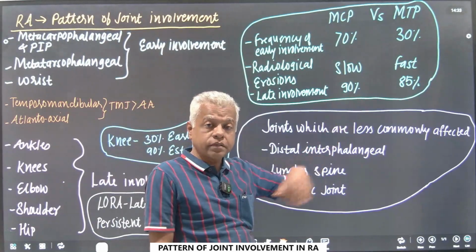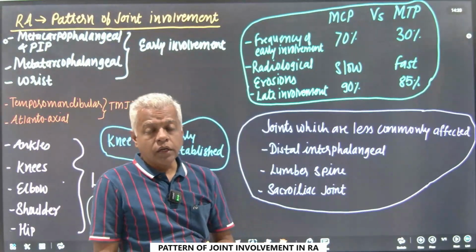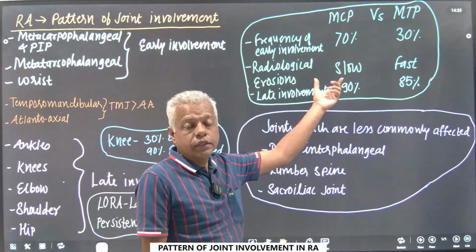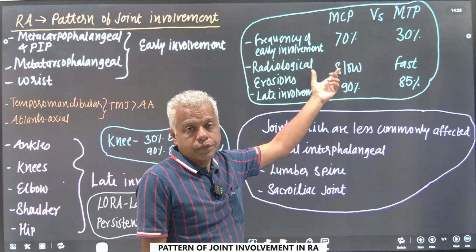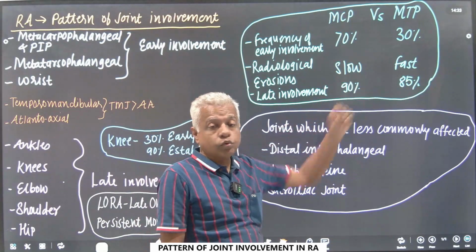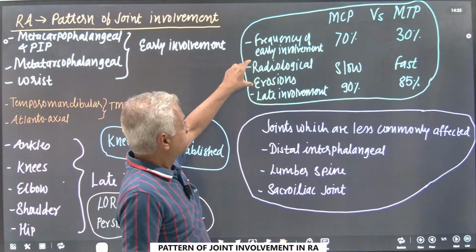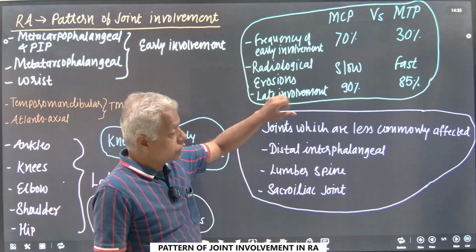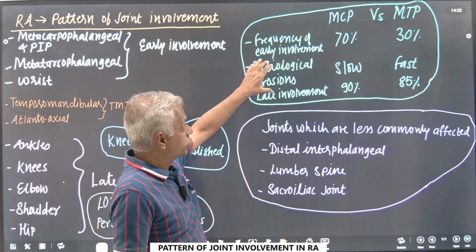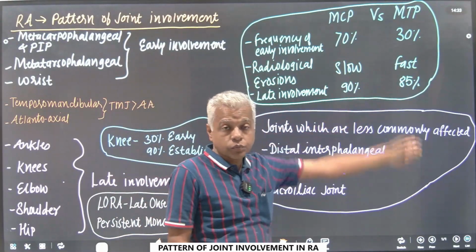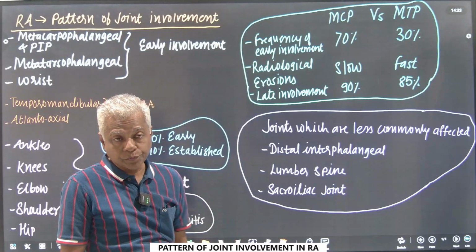The disease may have started in the other joint, and once it becomes chronic, it is causing the involvement of the metacarpophalangeal joint or a metatarsophalangeal joint, isn't that? And this finding, these radiological erosions, are slow with the MCP and they are fast with the metatarsophalangeal joint.